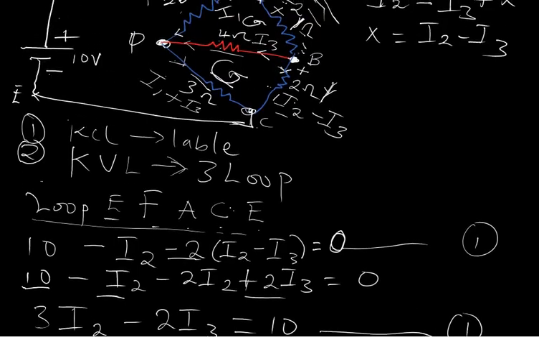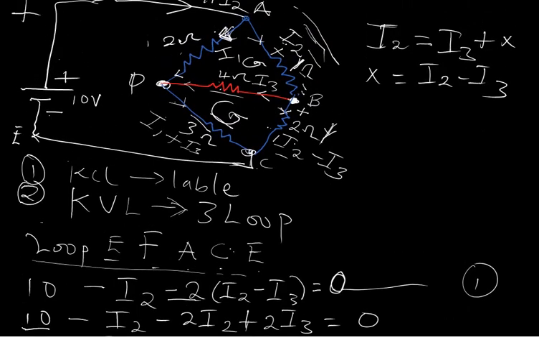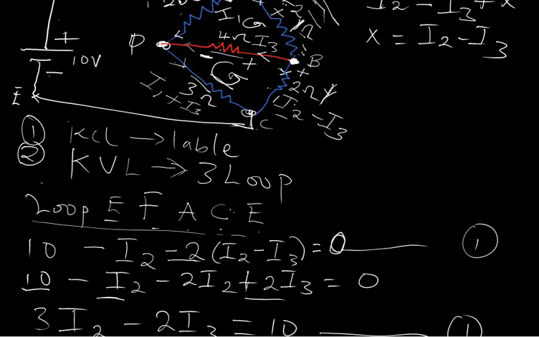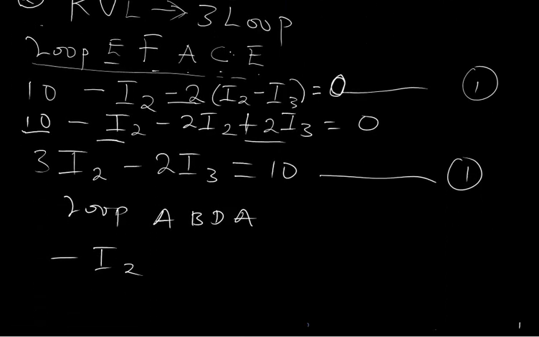Here I'm going to pass through the 4 ohm resistor with I3. The same thing happens here: plus to minus in the direction of the current. That still gives me negative, so I'm going to have negative 4I3.